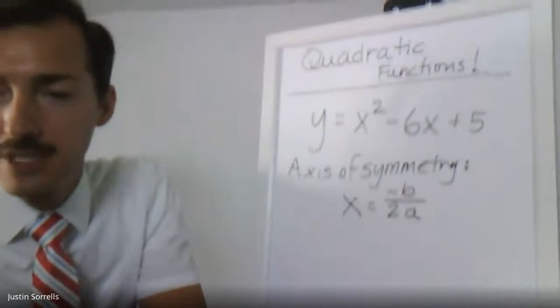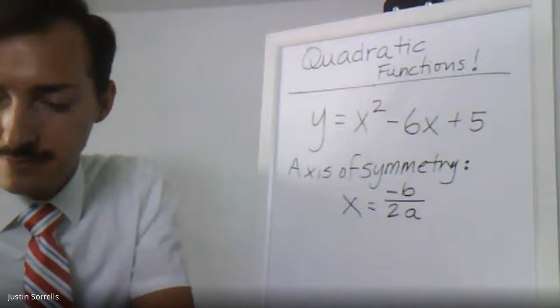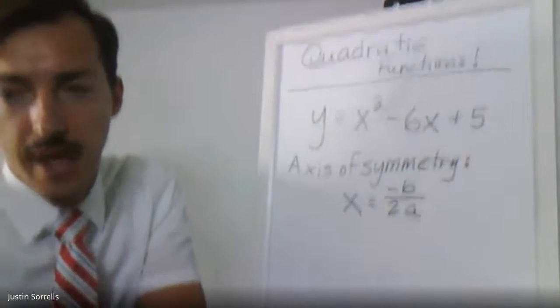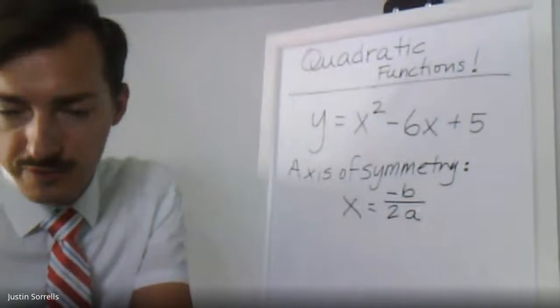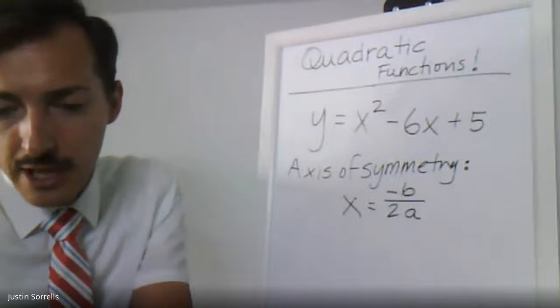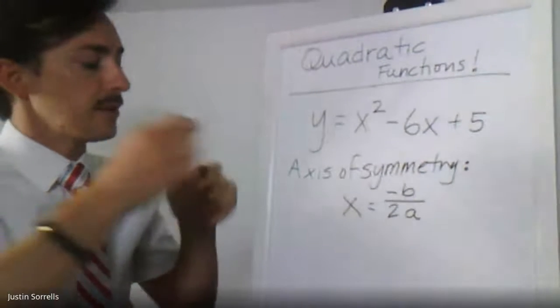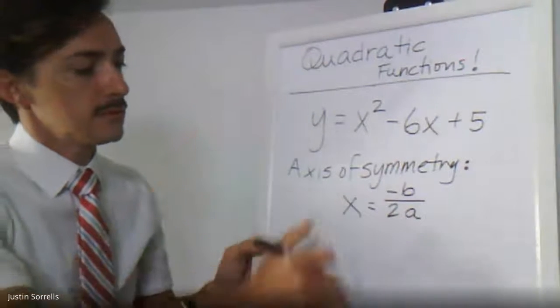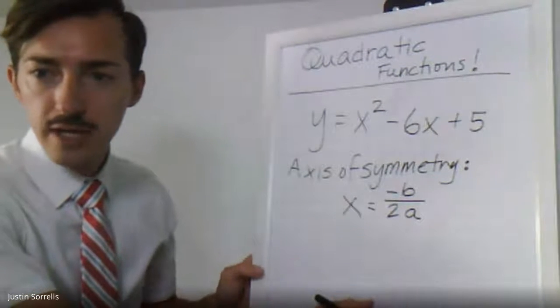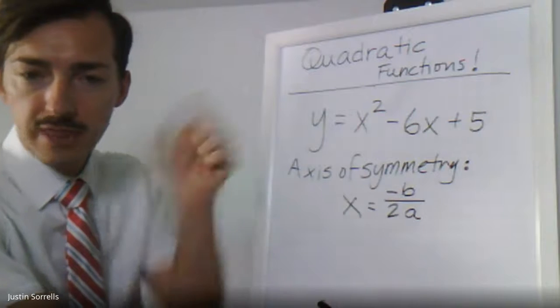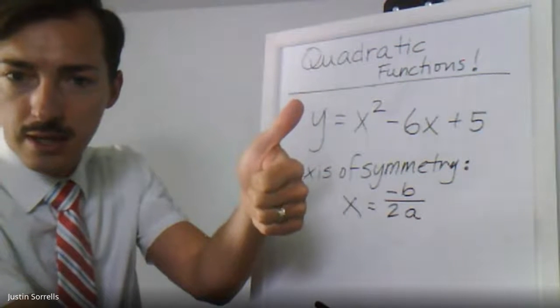I'm gonna give you a moment to write that down. Negative b over 2a. Let me tell you first, before we start using the actual formula, what the axis of symmetry is, okay? Can you all see if I draw down here, or is that too low? Give me a thumbs up if you can see. It's too low.